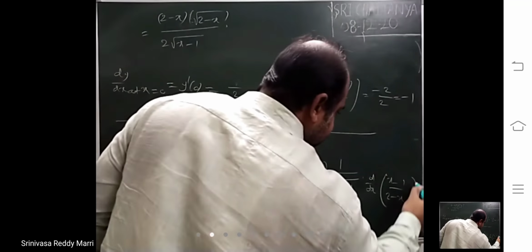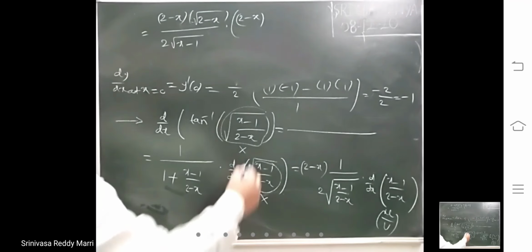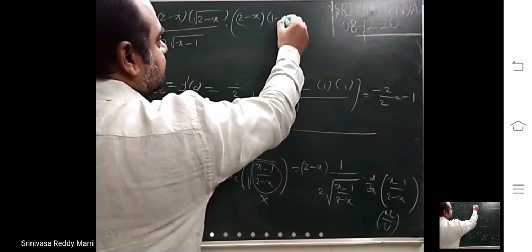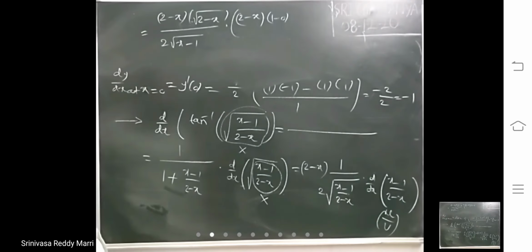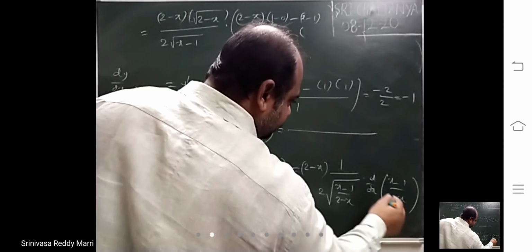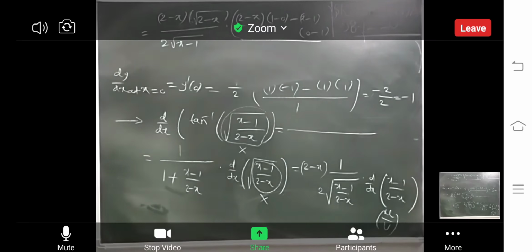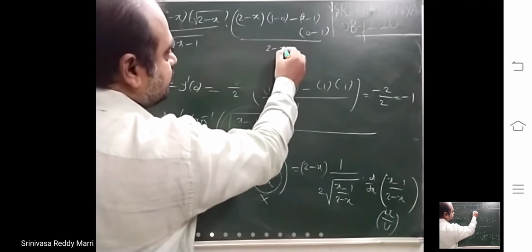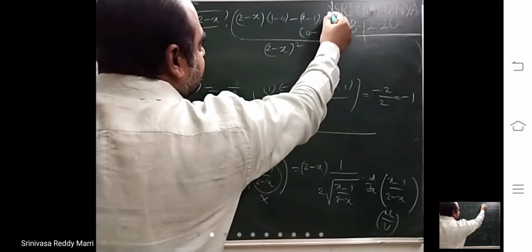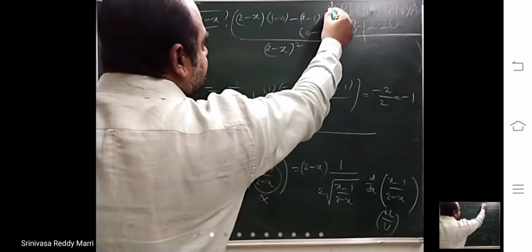Now what is this? U by v again. Look at v, that is 2 minus x, into the derivative of x minus 1, which is 1 minus 0, minus x minus 1 into the derivative of 2 minus x, which is 0 minus 1, divided by 2 minus x whole square.